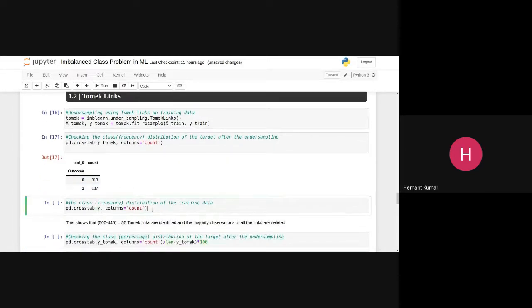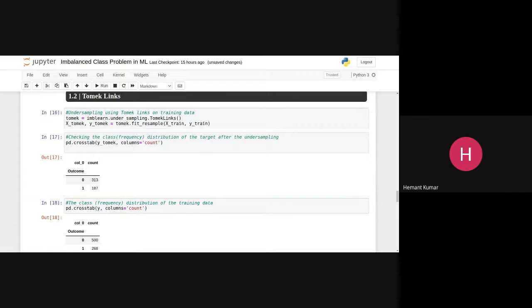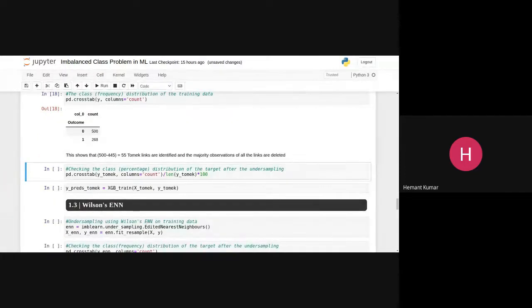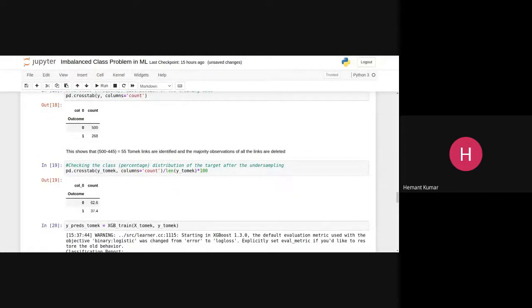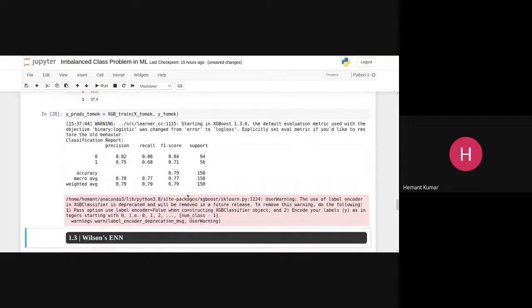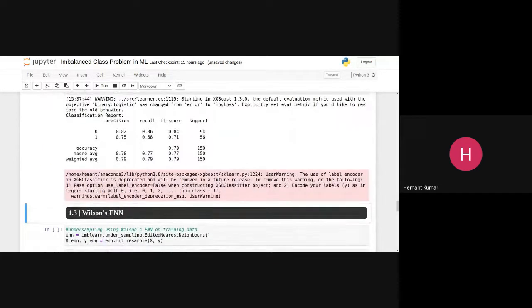The same concept applies here with the XGBoost classifier now. Here we have to compare with the previous one.